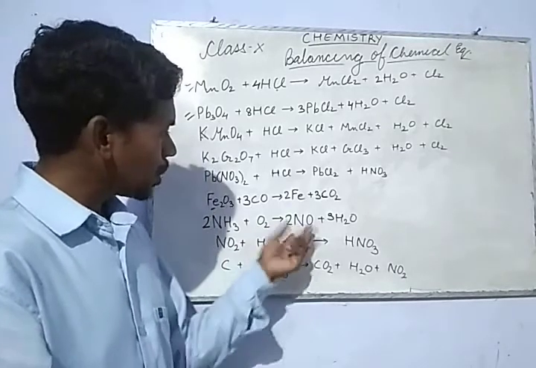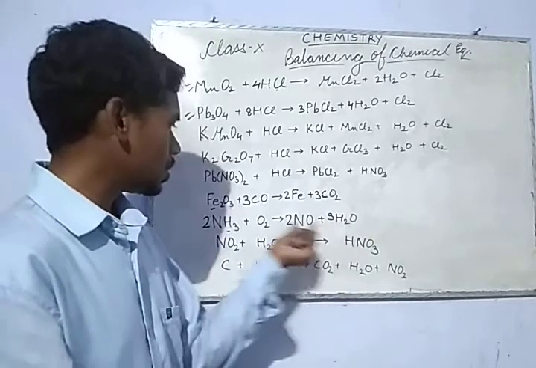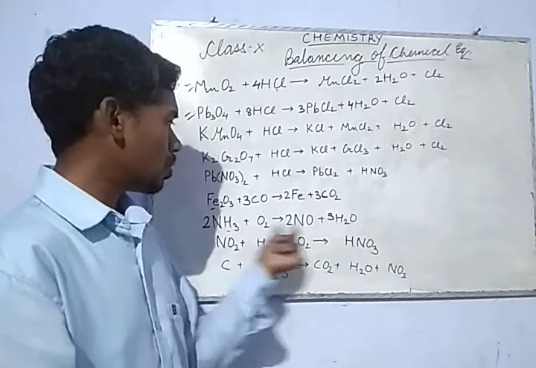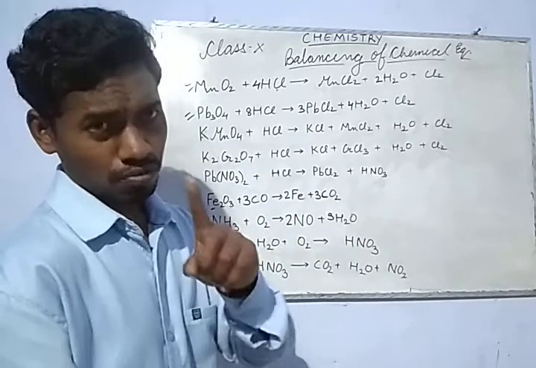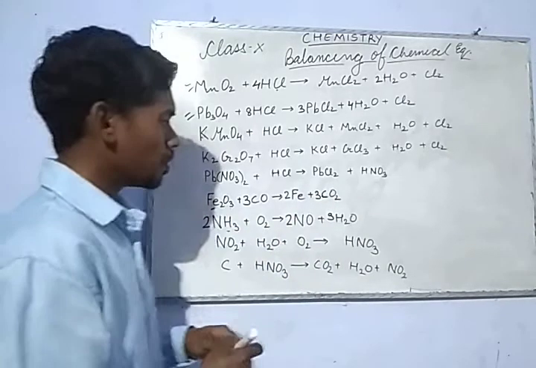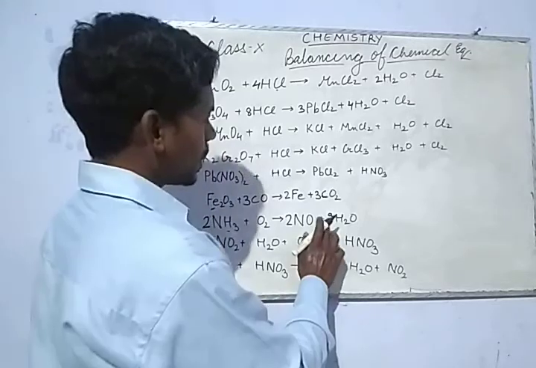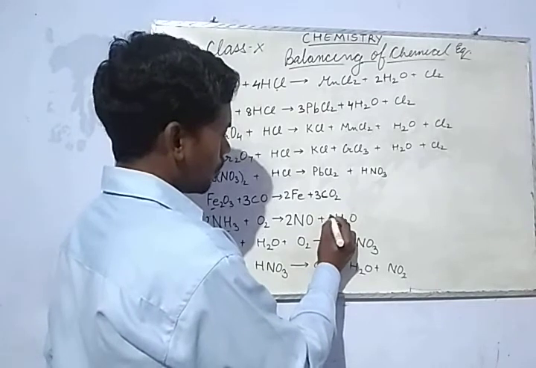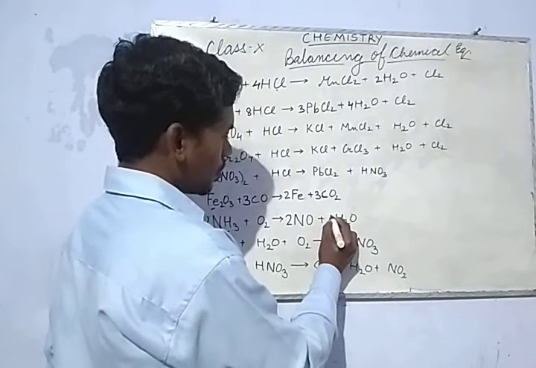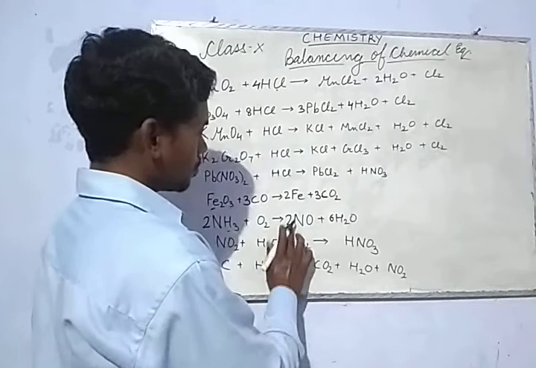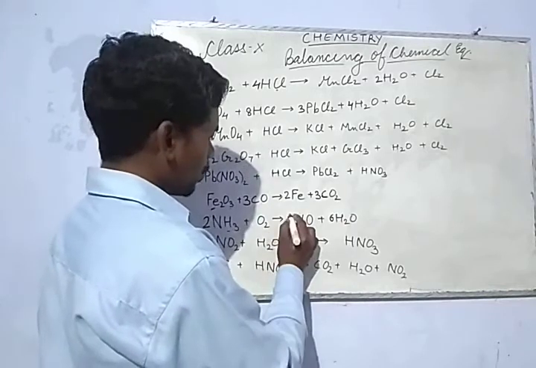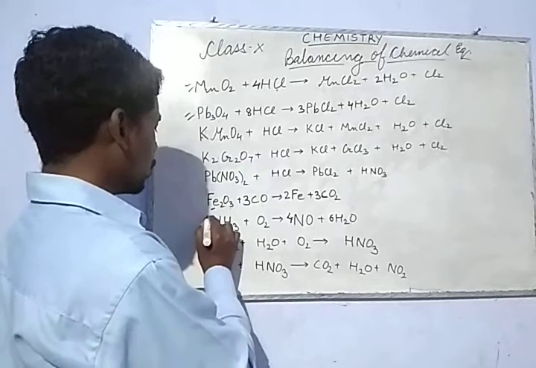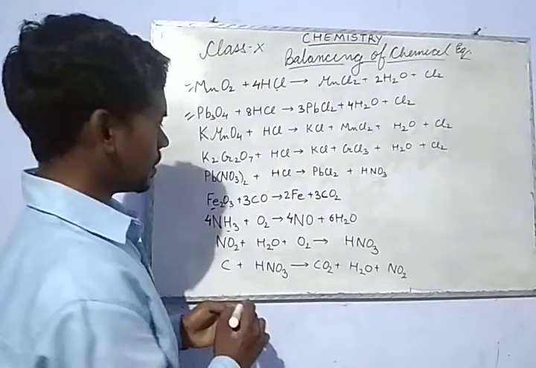So we need to double these quantities. Why? Because 5 is odd. So if we double this, what do we get? We will have 6 here, we will have 4 here, and we will have 4 here.